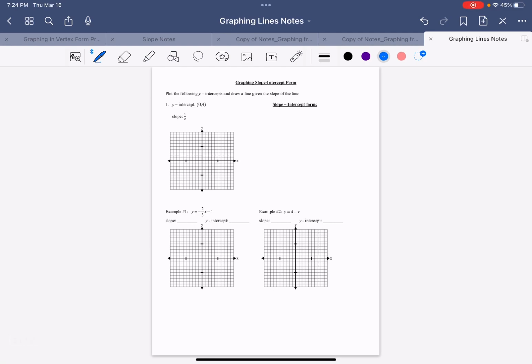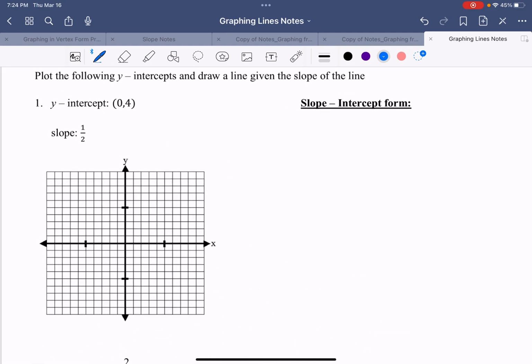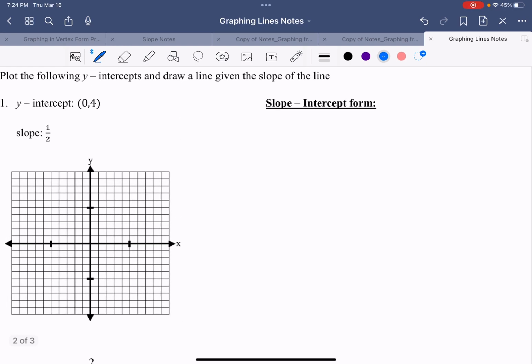Next page, it says plot the following y-intercepts and draw a line given the slope of a line. So remember, slope-intercept form, you guys know this, is y equals mx plus b, right?